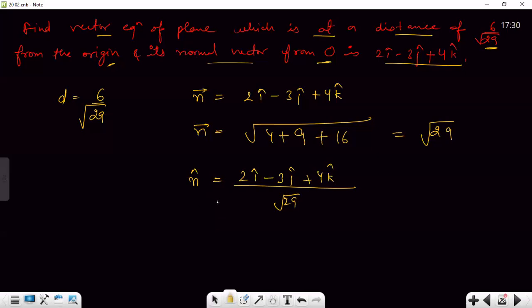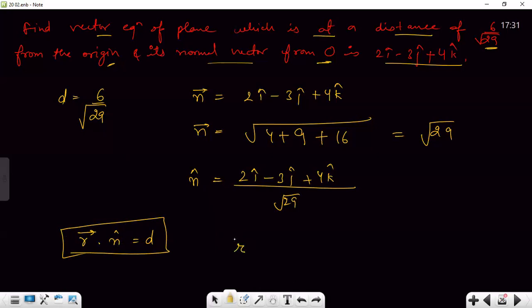Now we know the equation for a plane when its normal vector and the distance are given. This is the equation. So r vector, what is r vector? R vector is a general vector. If we have to find the equation of the plane in vector form, we do not have to write i cap, j cap, k cap for r vector.